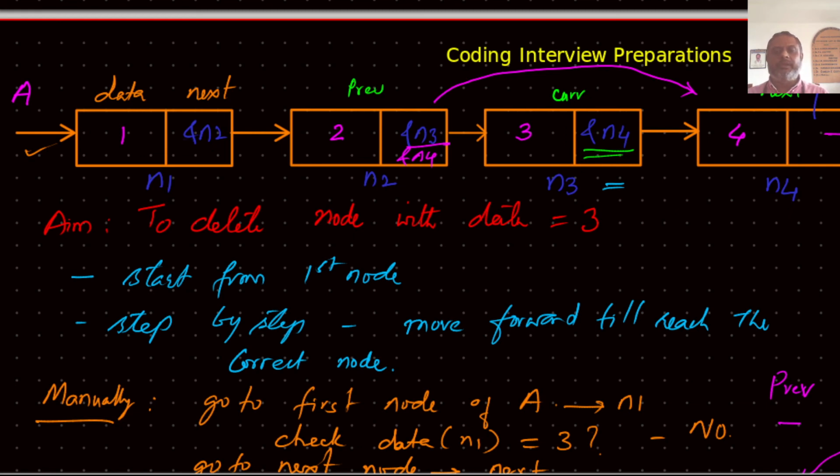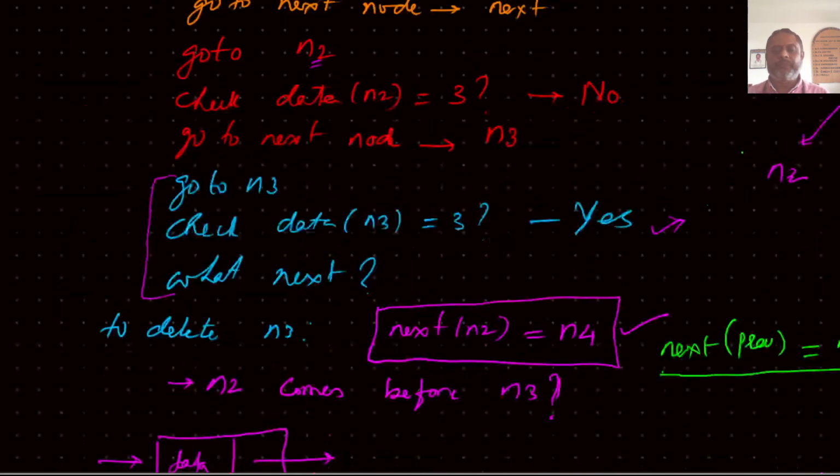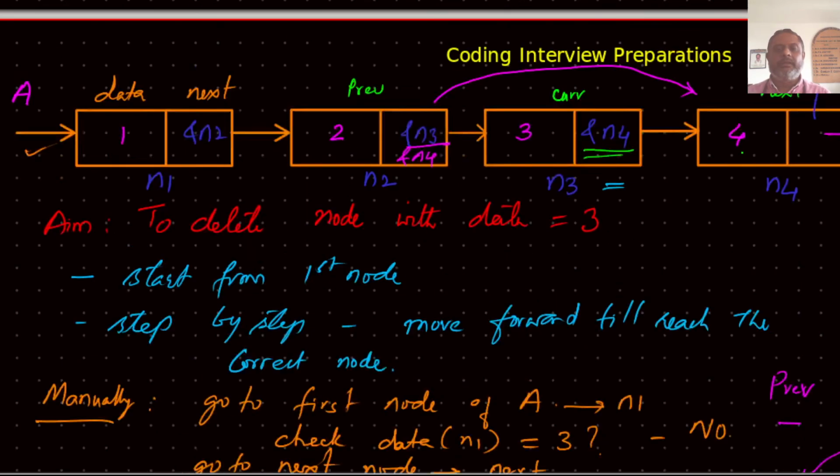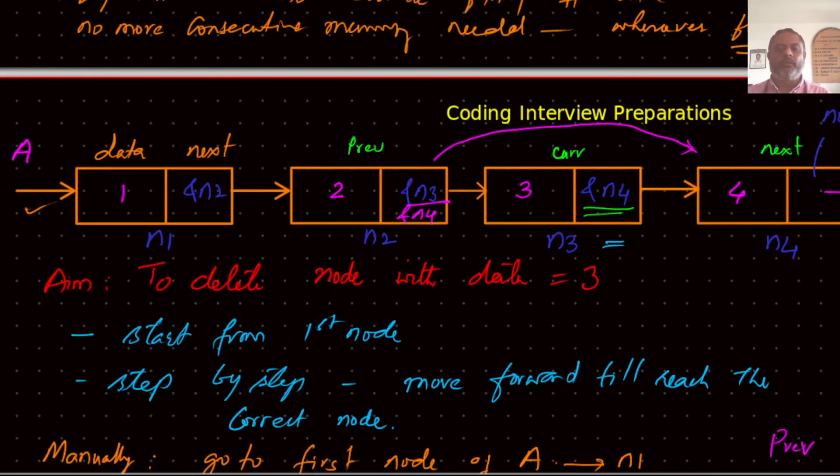After that, you start from A, go to N1, then N2, and then it directly takes you to N4. So N3 will be nowhere in the picture. Yes, we need to do this additional circus. So this is one way of doing it.